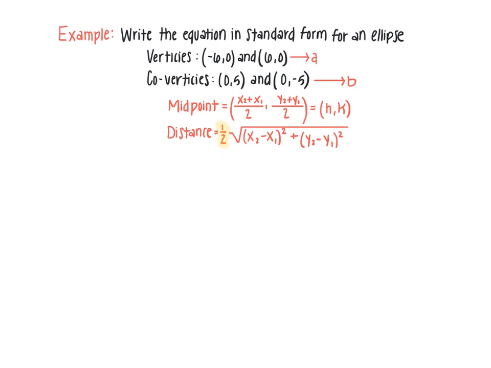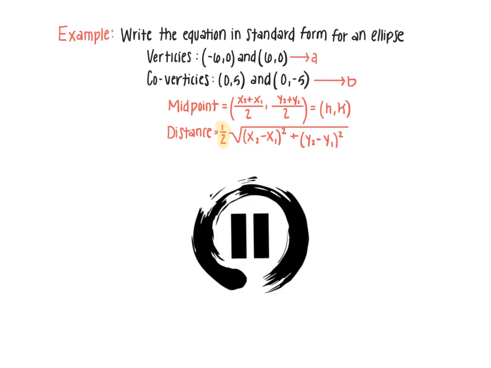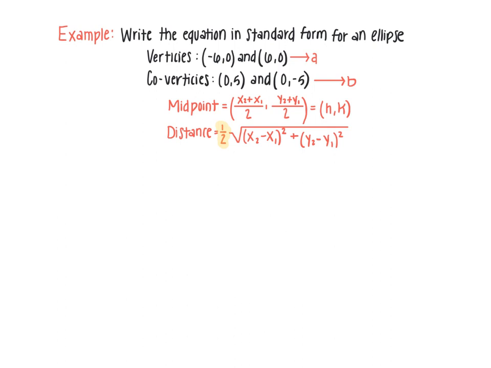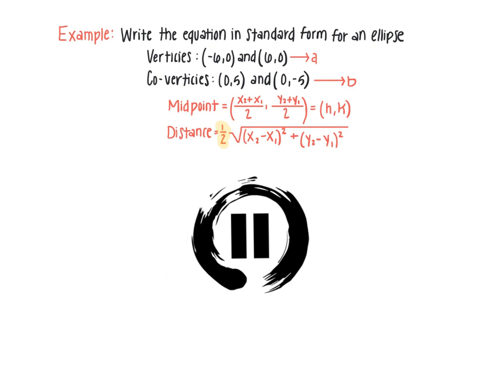In an effort to save time, I'm not going to completely go through the work for distance for vertices and co-vertices. It's very much the same as what we did in the circles video, but if I were you, I would pause right now and try doing the work on your own and then check to see if you did it correctly.